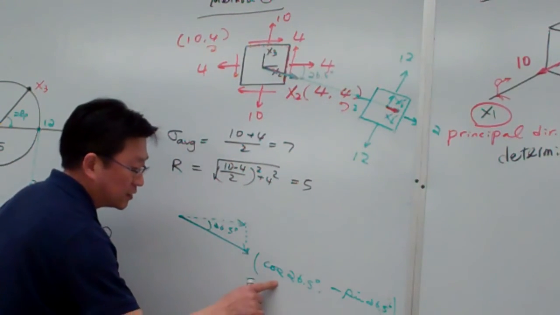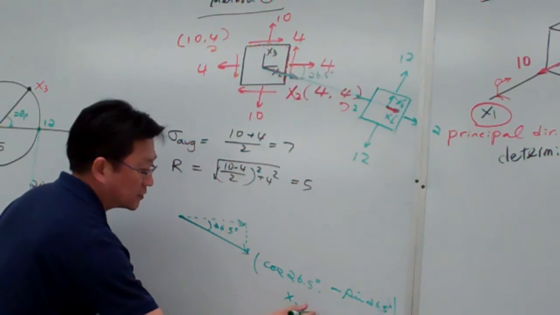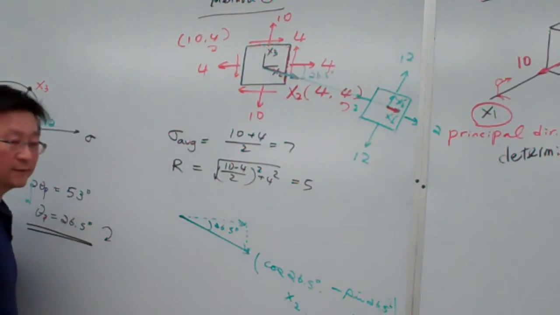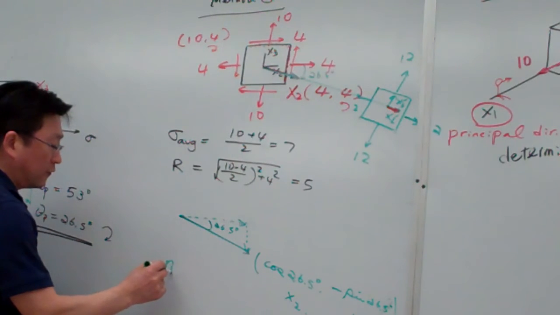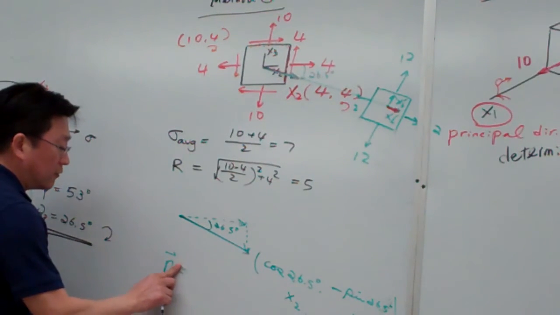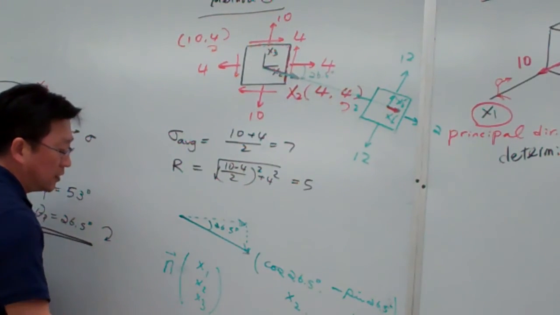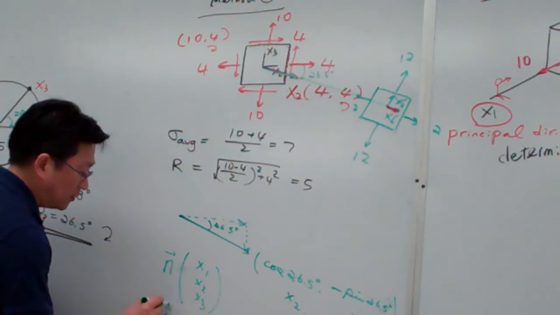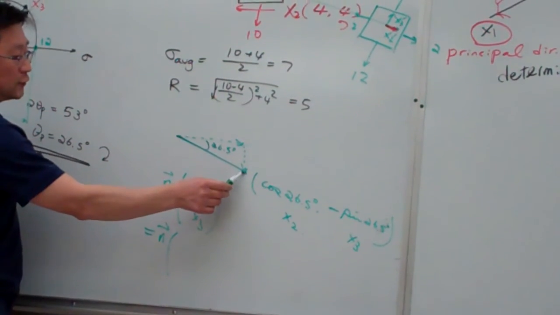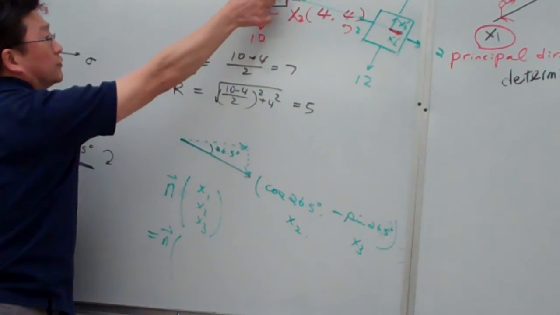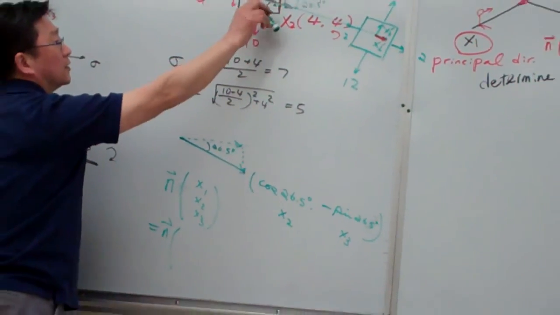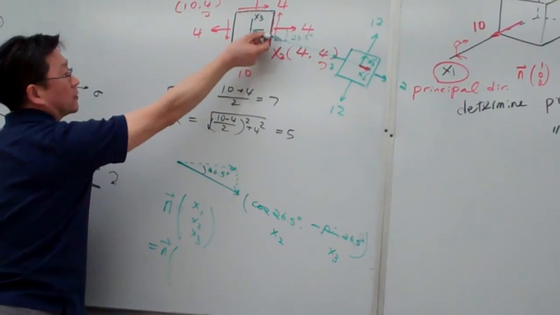So this is the x2 coordinate, this is the x3 coordinate, right? So for n, we have 3 coordinates, x1, x2, x3. For this case, if in the x2 and x3 plane, this vector didn't have inclination out of the board.